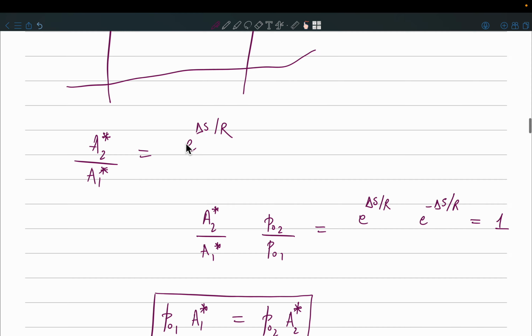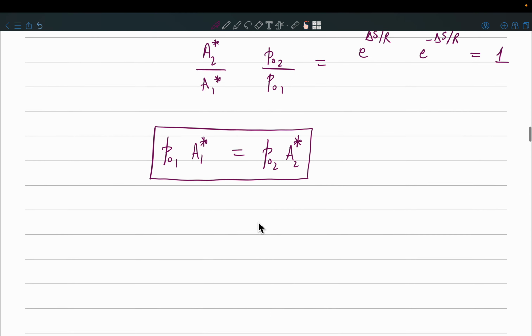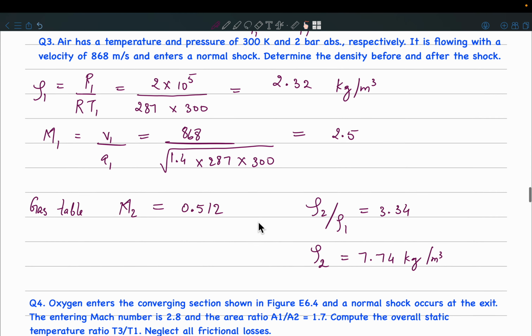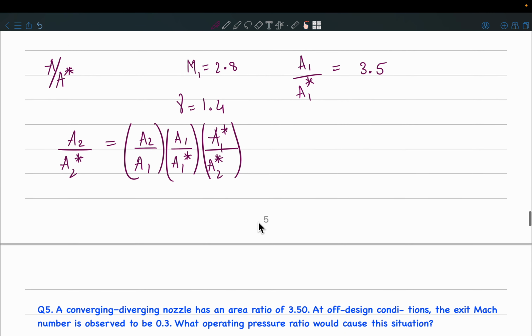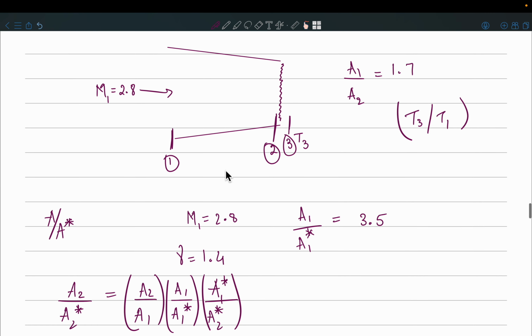A2 star by A1 star is e power delta S by R. And like I said, you can assume over here that the flow is isentropic from 1 to 2. And whatever non-isentropic flow occurs, that is only due to the shock, right? So just before the shock, it is isentropic. So delta S is basically 0. Yeah, so A1 star by A2 star is 1.